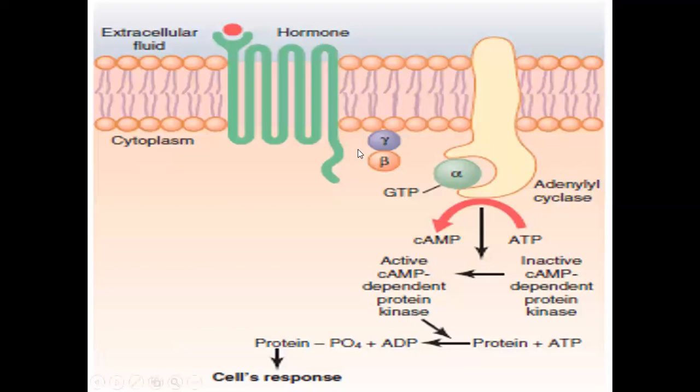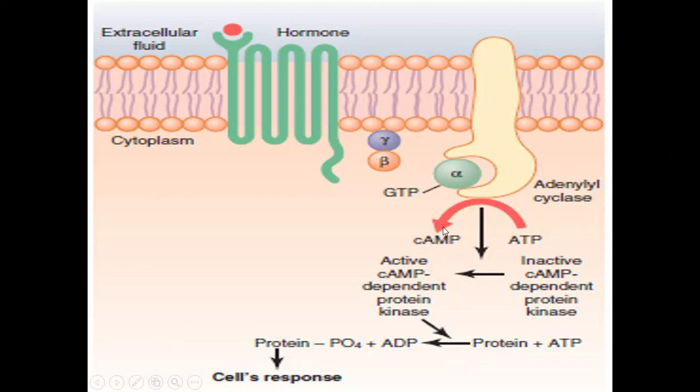That in turn, the second messenger will cause the physiologic effect of that particular hormone. So for example, your GTP, being bound to the alpha subunit, may act upon the effector molecule. What is that effector molecule? It may be an enzyme. In this diagram here, the enzyme is adenylyl cyclase. Adenylyl cyclase now catalyzes conversion of ATP to cAMP, cyclic adenosine monophosphate.